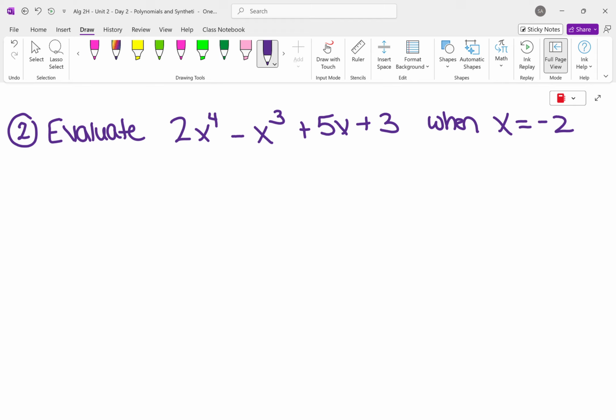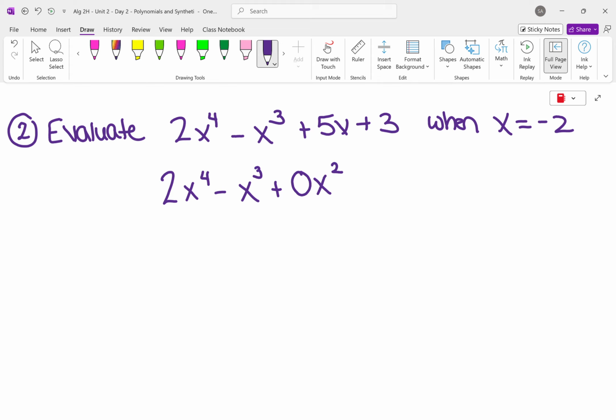Okay, before we do anything, we first want to make sure it's in descending order. Is my expression in descending order? Yes. Then you want to make sure every exponent is accounted for. Is every exponent accounted for? No. What are we missing? Charlie? The x squared. Good. We're missing the x squared. We need to add in the x squared.